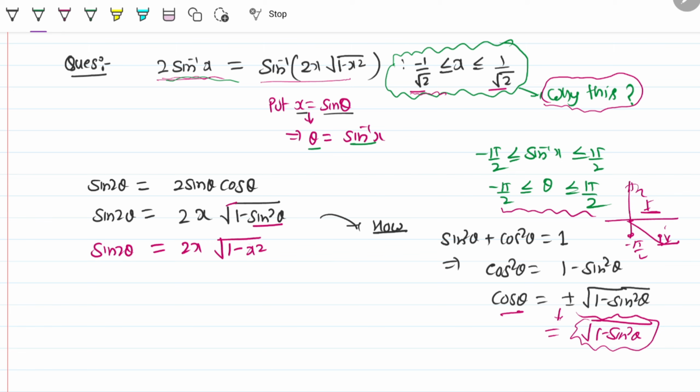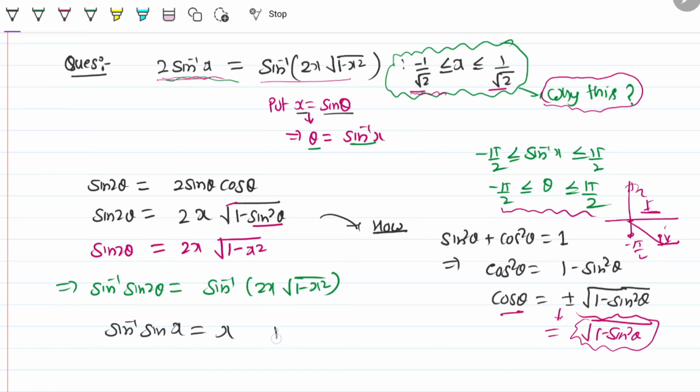Now apply sin inverse on both sides. So it implies sin inverse sin 2 theta is sin inverse 2x root over 1 minus x square. Okay, again here the basic formula, sin inverse sin x is x if x is from minus pi by 2 to pi by 2.